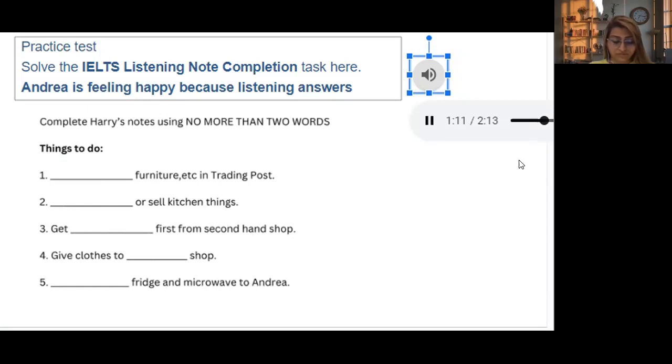What shall I do with them? Well, another option is to donate the kitchen things to a charity shop. You know, like the Salvation Army or St. Vincent de Paul. Why don't you get a second-hand shop to give you a quote first? Yes, I could do that. Find out how much they'll give me and then decide whether to sell them or give them away. But I've still got the clothes. A charity shop will take them too, as long as they're in good condition.